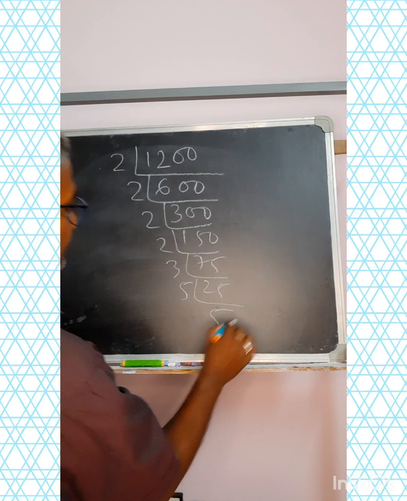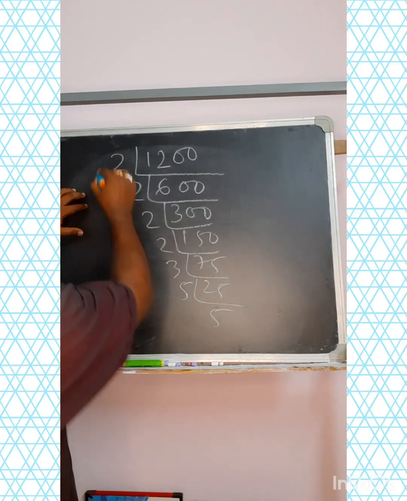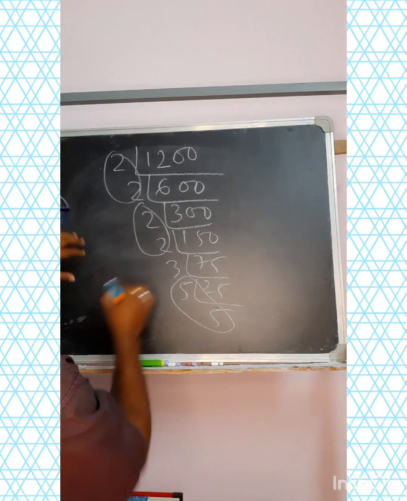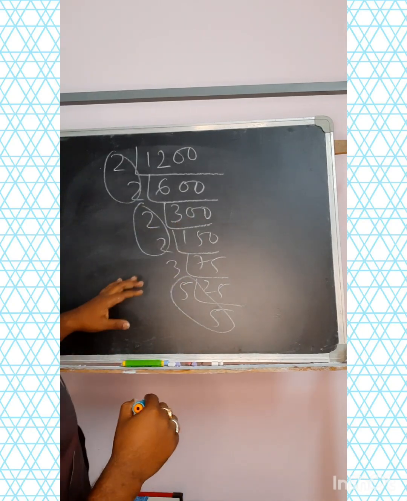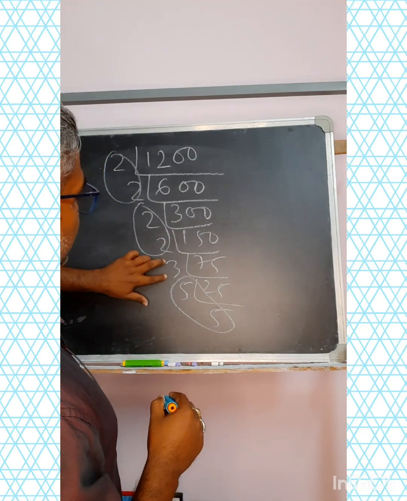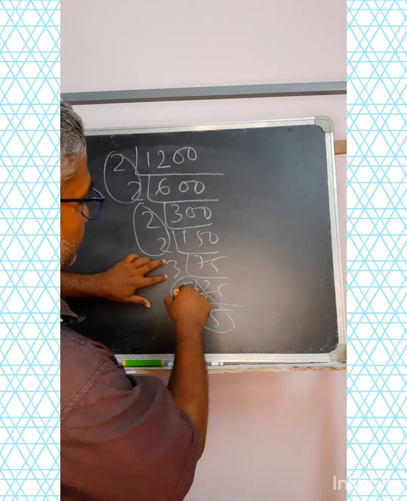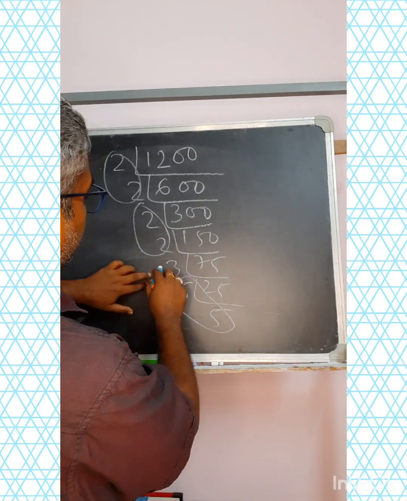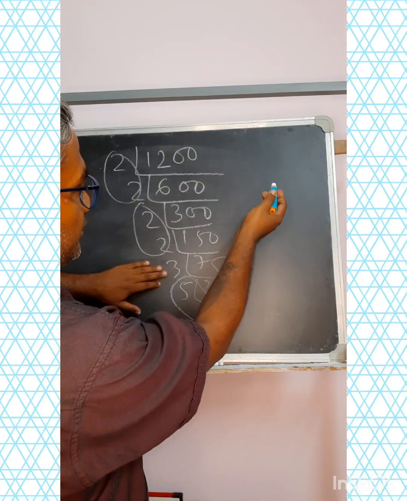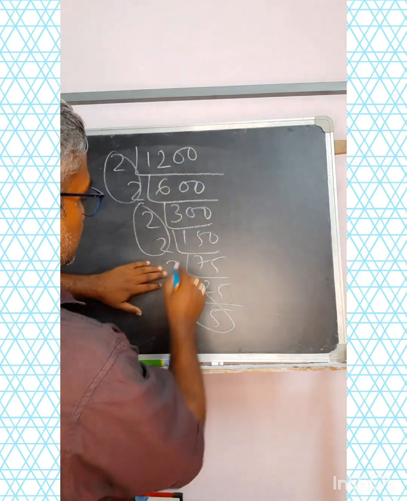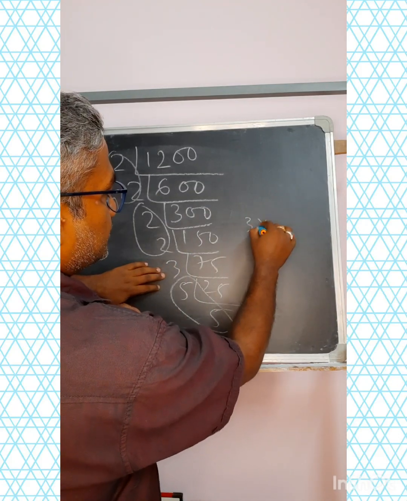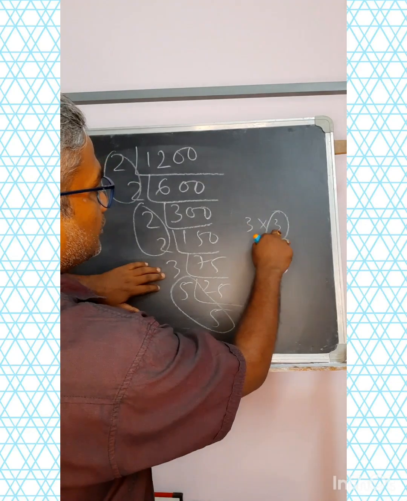Here you can see the numbers are coming in pairs. From this I can easily say to make a pair, because once you make a pair, it will definitely be a perfect square. So the number to be multiplied with this to get a perfect square would be 3. Another 3 you have to multiply. So you have to multiply 3.